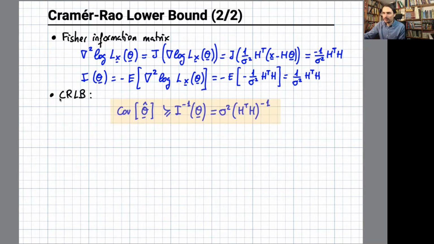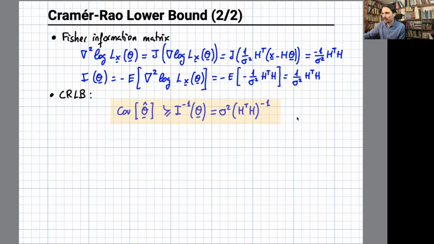So the Cramer-Rao lower bound theorem then states that the covariance of any unbiased estimator is lower bounded by the inverse of the Fisher information matrix, right? And the inverse of the Fisher information matrix is obviously σ² times (HᵀH) inverse in this case.